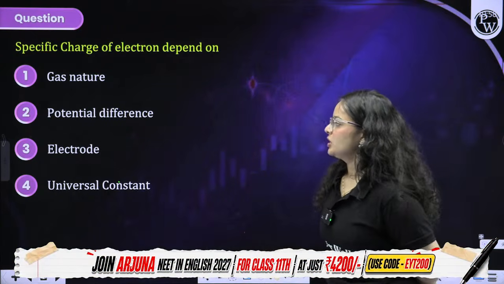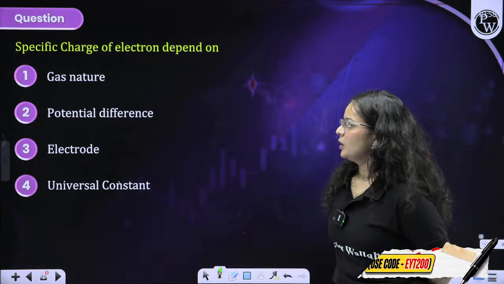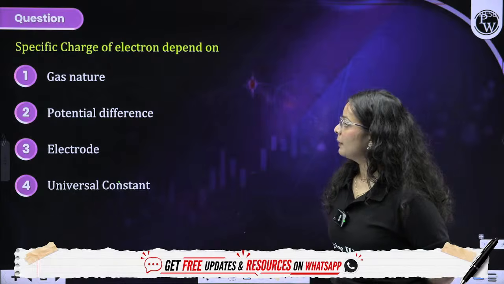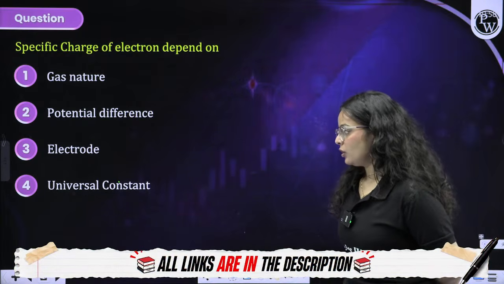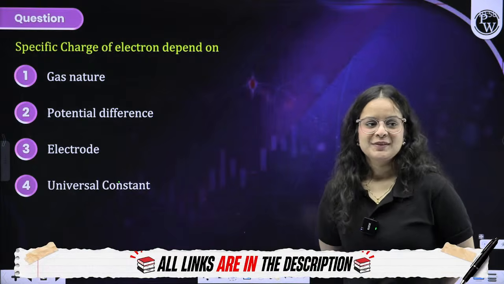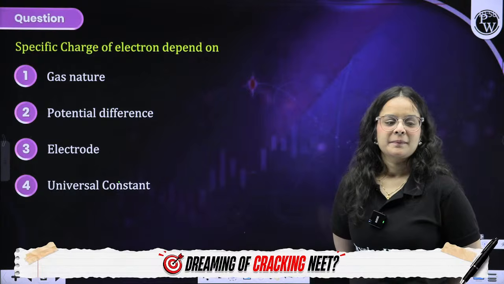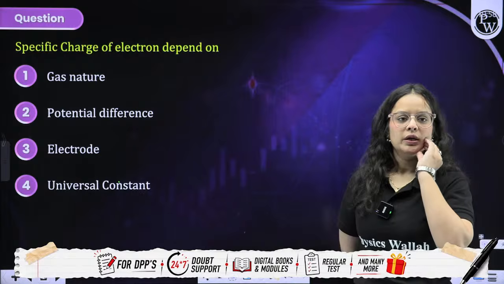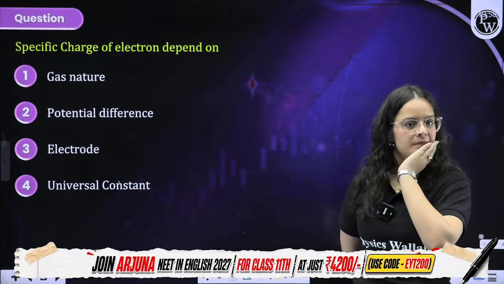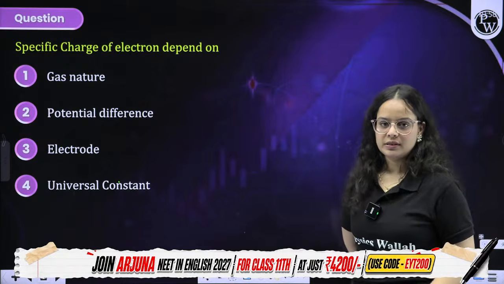The specific charge of electron depends on either the gas nature, the potential difference, the electrode, or is it a universal constant? Tell me the answer in the chat section, what you guys are getting the answer to be.